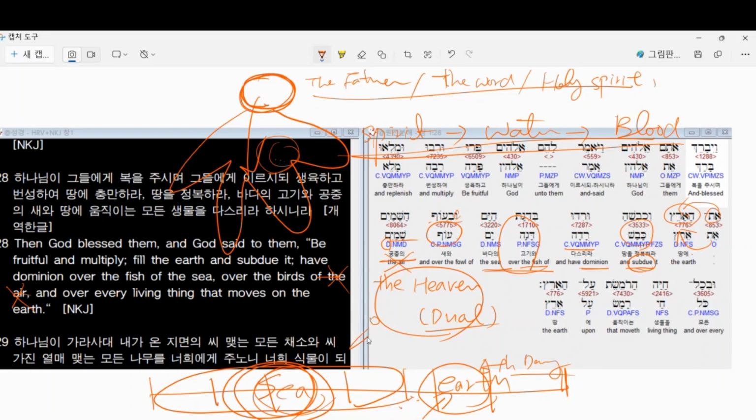So Christos Jesus has one foot on the sea, one foot on the earth, which is the first day through the fifth day, and the sixth to seventh day. He is in the middle because he is the what? He's the mediator, right? To give us the knowledge, to give us the salvation.